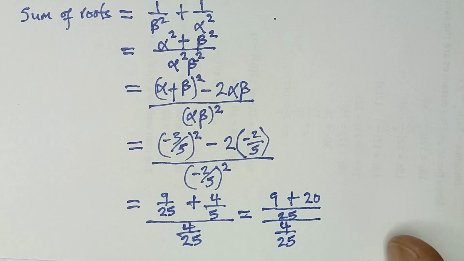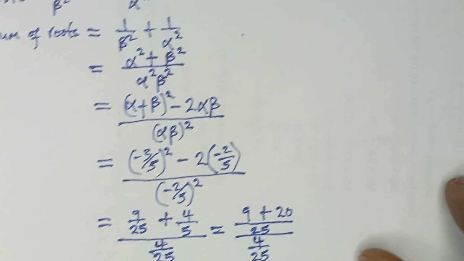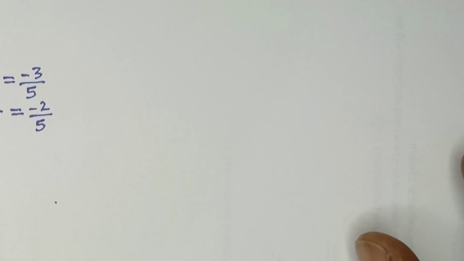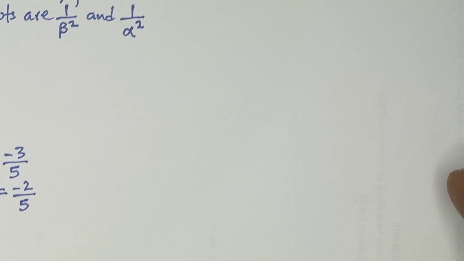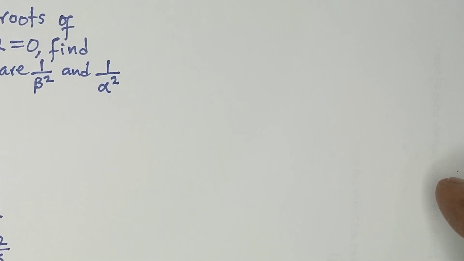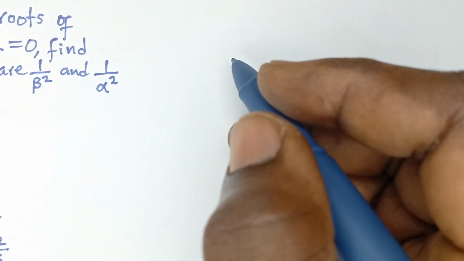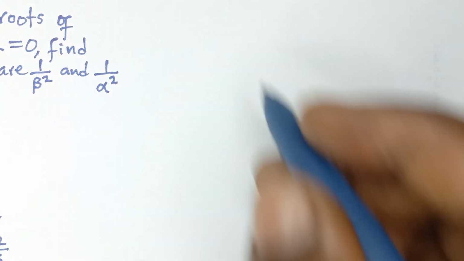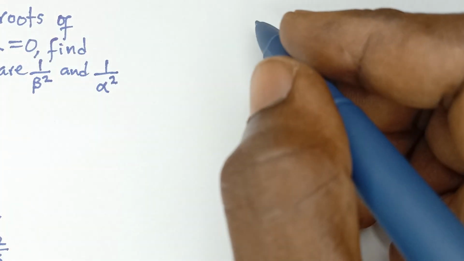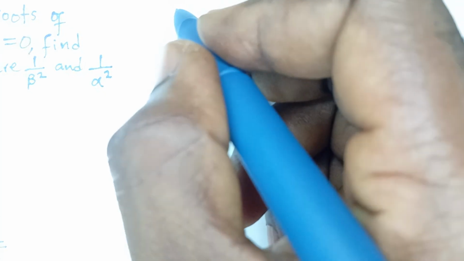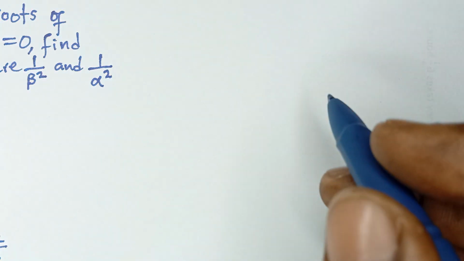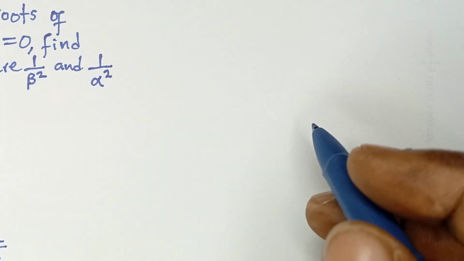So I would like us to continue on this other part. So let's continue from here now. So I'm going to say the 9 plus 20 that we have as the numerator, that will give us 29.